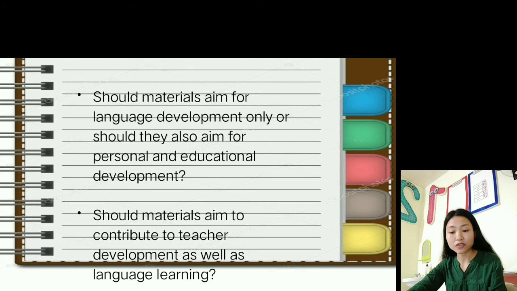Others argue that if language learners are situated in an educational establishment, then their teachers' main responsibility is to help them to develop.